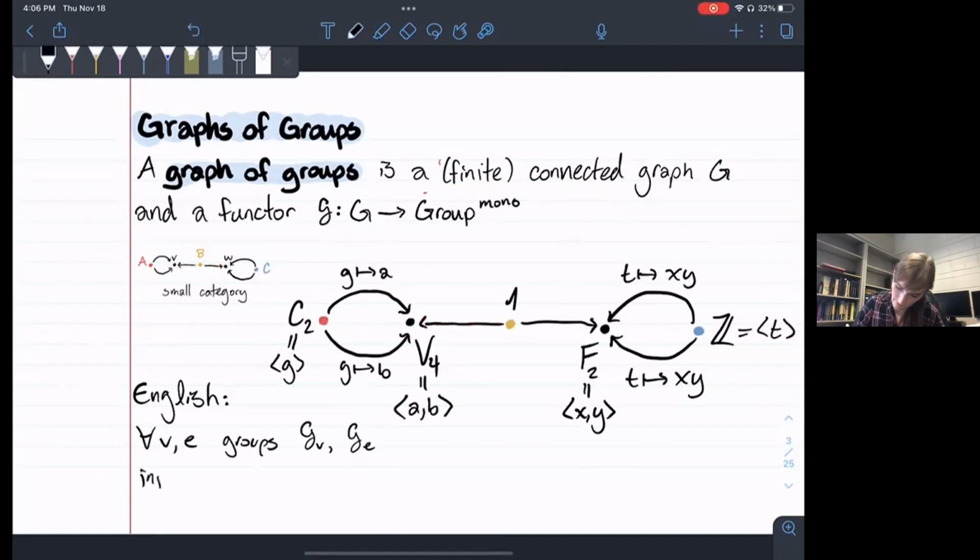So injective homomorphisms, we'll call them iota sub E, from fancy G sub E to its terminal vertex and also to its initial vertex.